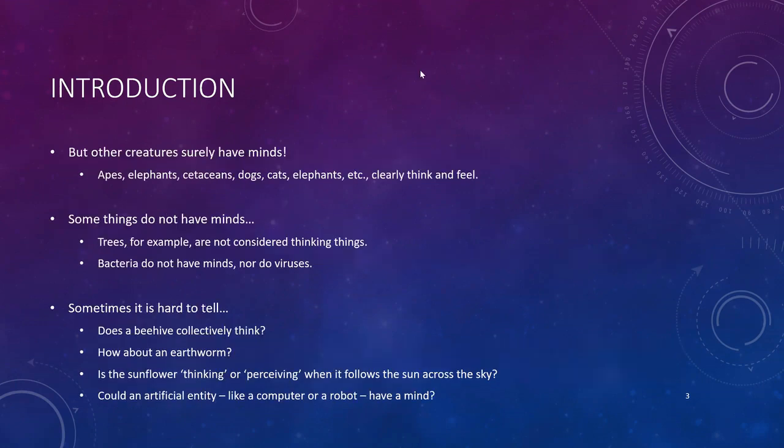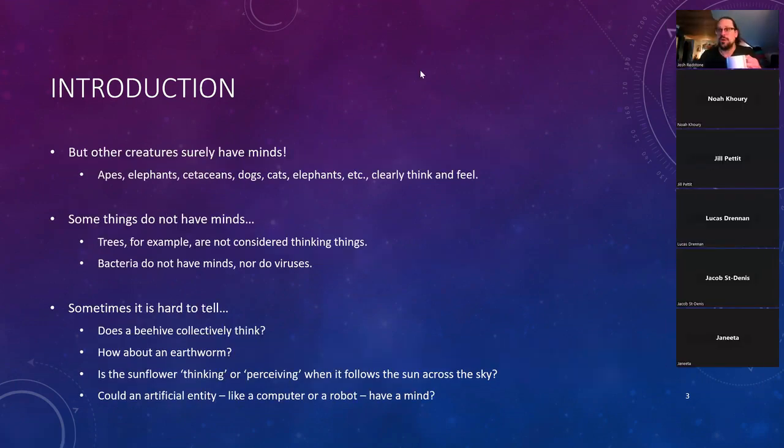This is anthropocentrism, right? We do tend to think of ourselves as somewhat special. And indeed, I would say that we are. That doesn't mean that we're the only thing that's special, but we are special in that way.